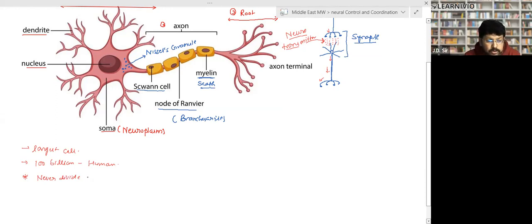Fully formed neurons never divide, and they remain in interphase of the cell cycle throughout life.